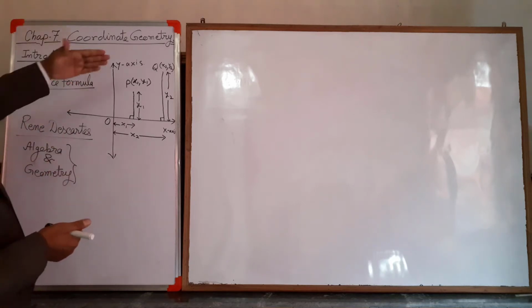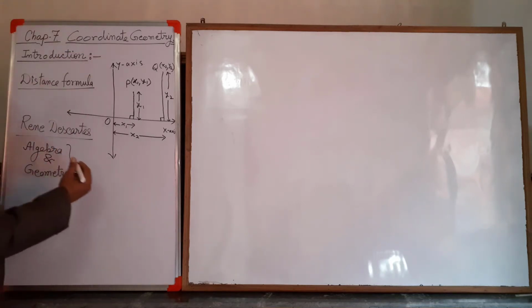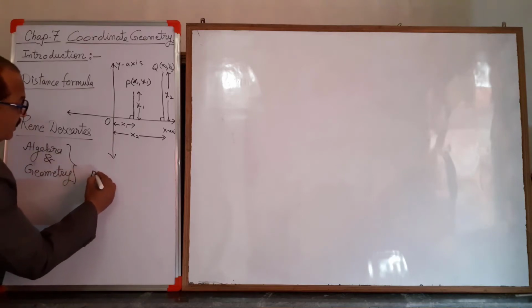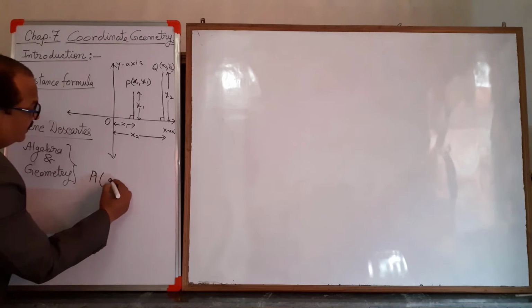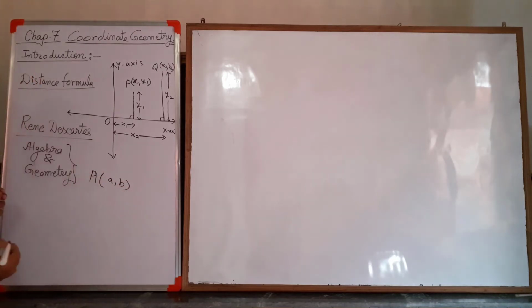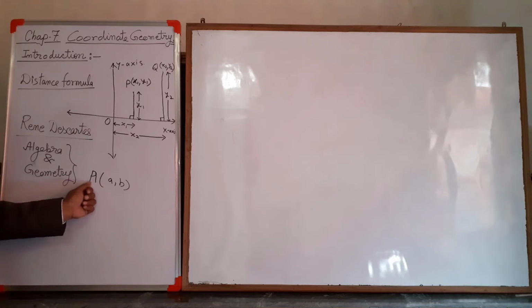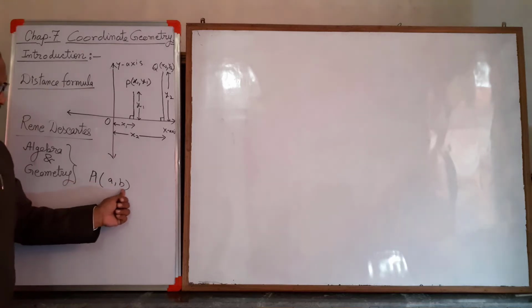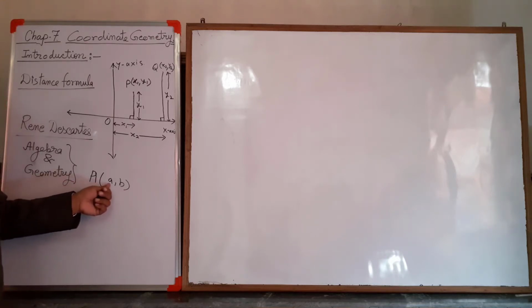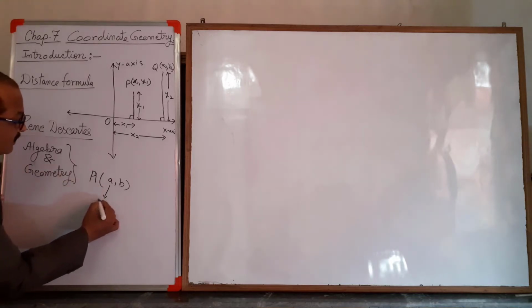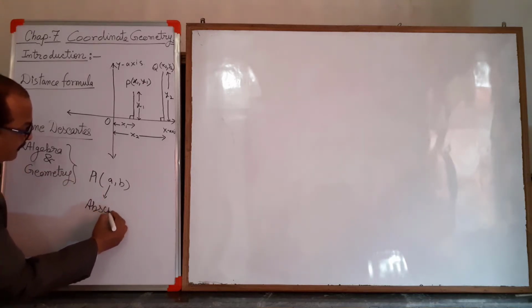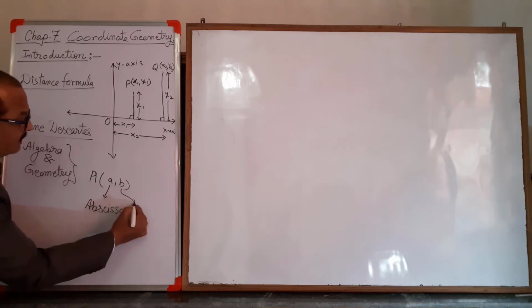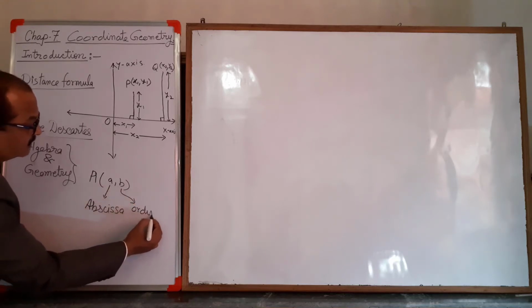So students, you can see our main target, suppose a point A is given and its coordinate is A, B. So one thing you can say, distance of this point A from y-axis is A and distance of this point A from x-axis is B. So you can see first coordinate is known as abscissa, and second y coordinate is called ordinate.